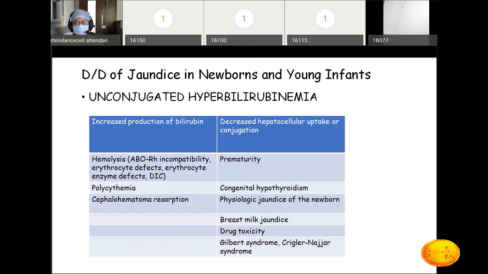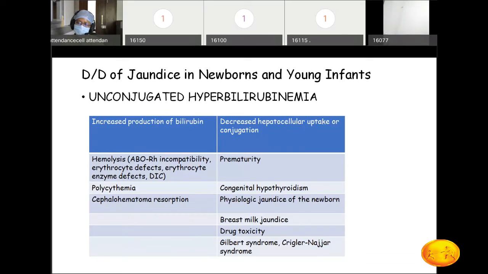The other causes that we mentioned are decreased hepatocellular uptake or conjugation. As we all know, there are two inherited conditions, Gilbert syndrome and Crigler-Najjar. In Gilbert, you might get both mechanisms: some decreased hepatocellular uptake as well as conjugation, whereas Crigler-Najjar is exclusively a problem with the conjugation of the bilirubin.